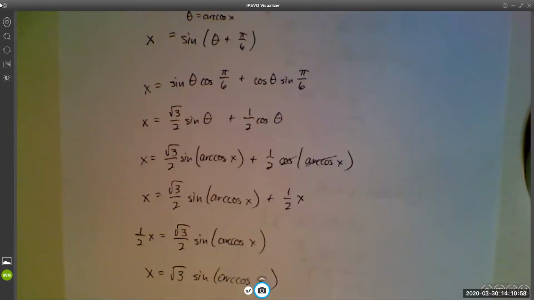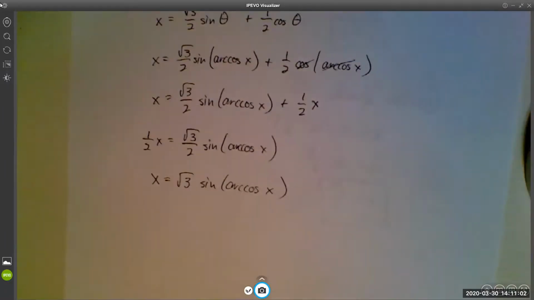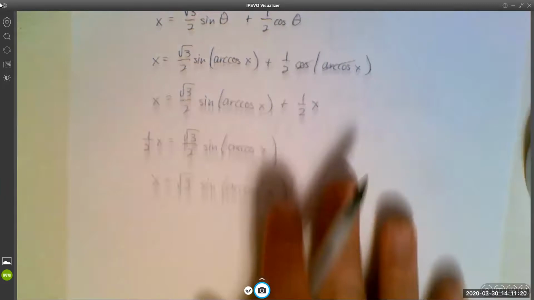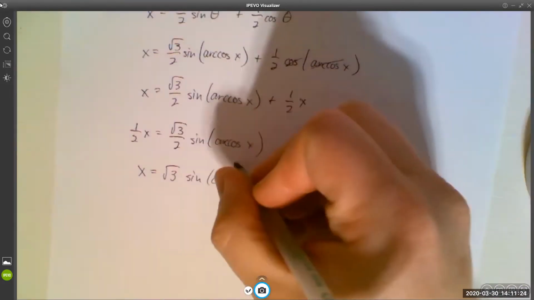Now, what do we do about that, though? Right? What do we do about the sine of arc cosine x? Well, so again, I'm thinking of arc cosine x like theta.